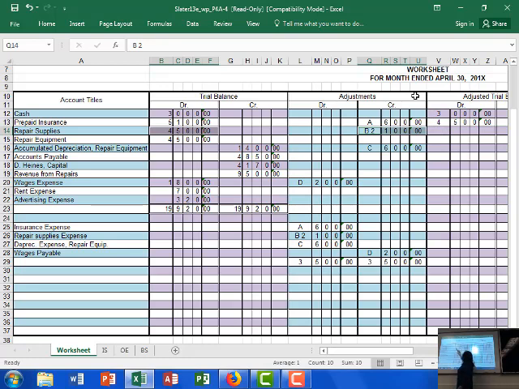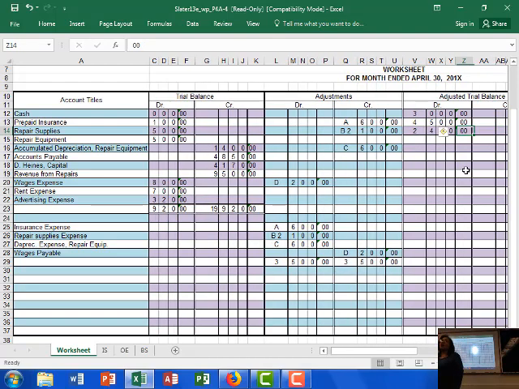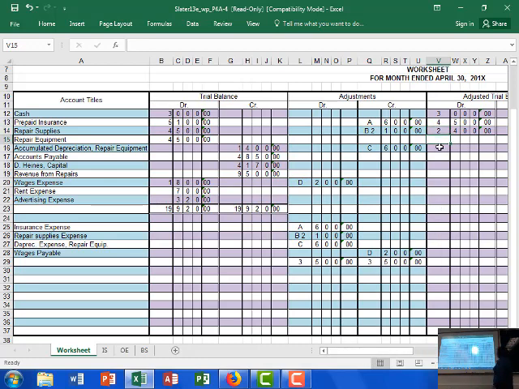So what do we do? We take our balance, we subtract the amount used so that we can show that we only have the $2,400 that it says that we have on hand after taking inventory. So right now all we're doing is bringing over our balances.